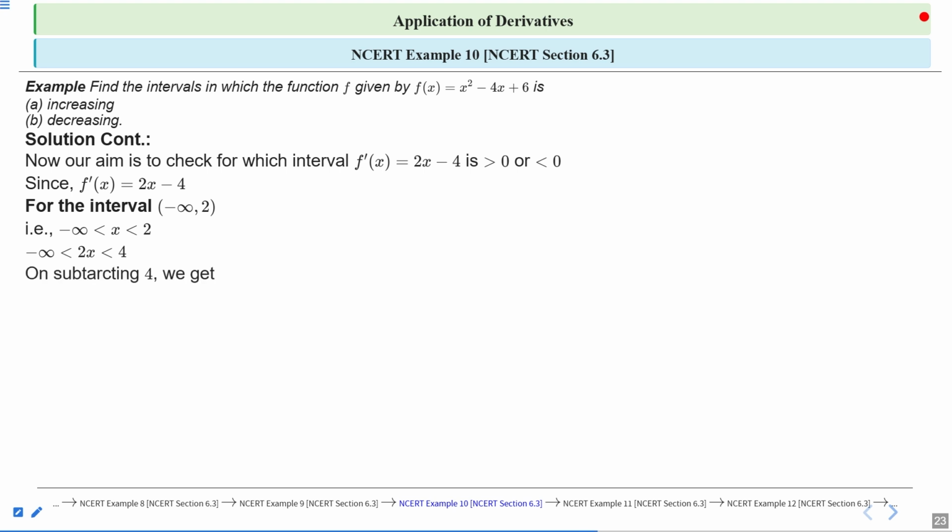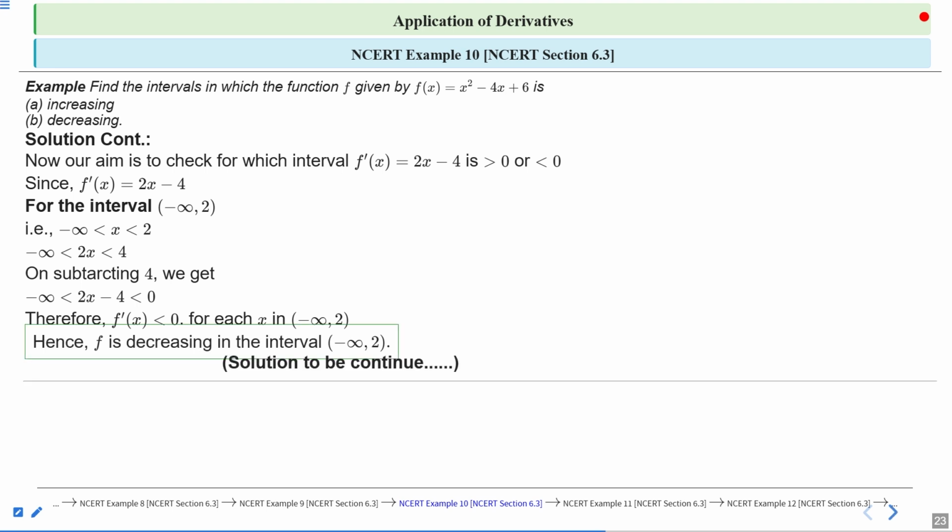On subtracting 4, we will get 2x minus 4 is from minus infinity to 0. Therefore, f'(x) is less than 0 for each x in minus infinity to 2. Got it? Hence, f is decreasing in the interval minus infinity to 2, right? Got it?